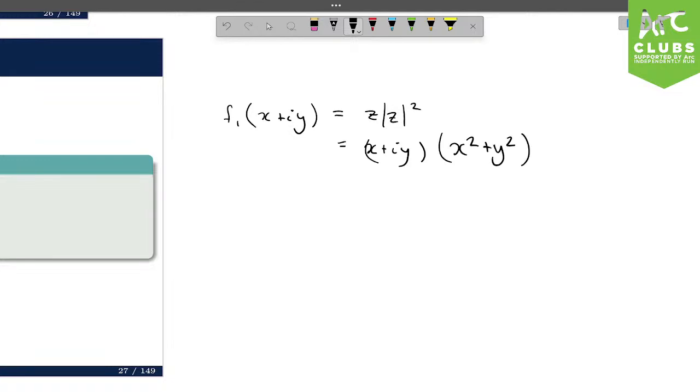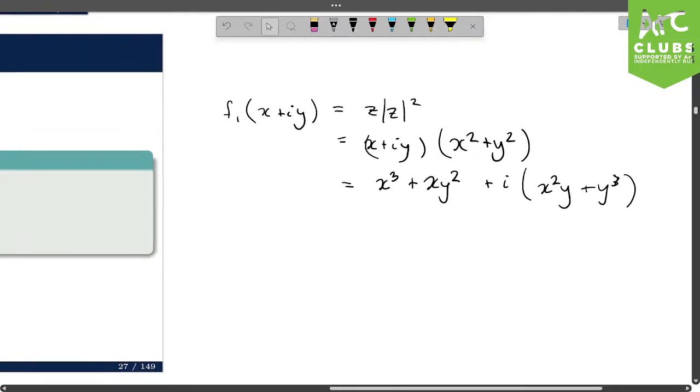That's the modulus squared, right? And then separating that into its real and imaginary components, we get as the real component x cubed plus xy squared, and as the imaginary component x squared y plus y cubed, right?